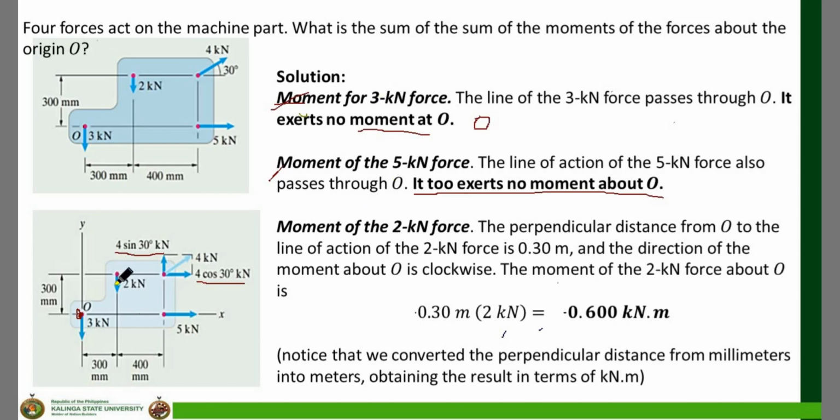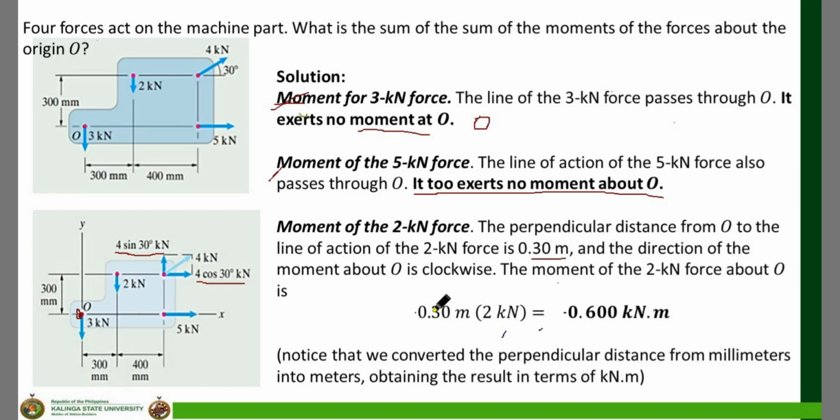Now, for the 2 kilonewton force, the perpendicular distance from the line of action of the 2 kilonewtons to point O is 300 millimeters. Let's convert 300 millimeters into meters. 300 millimeters is equal to 0.3 meters.